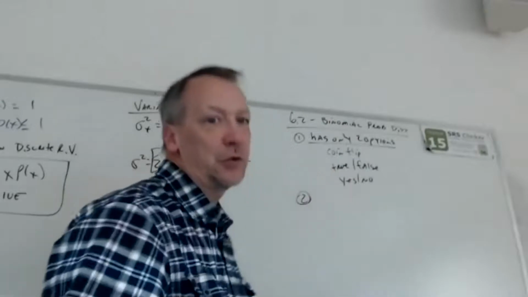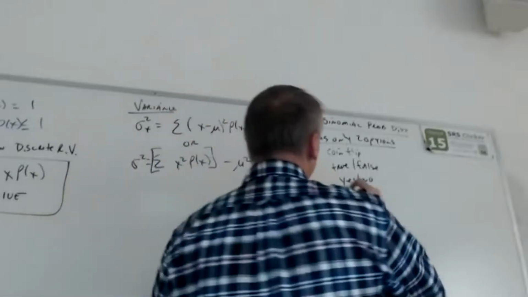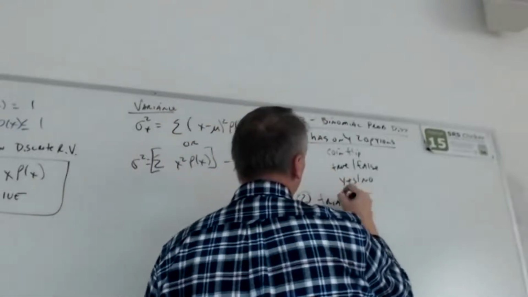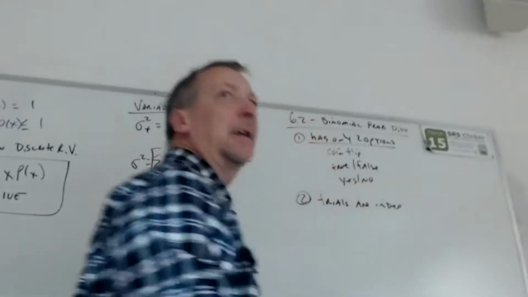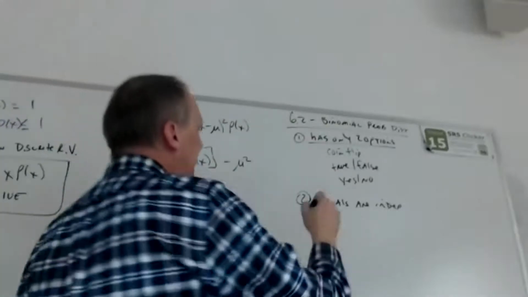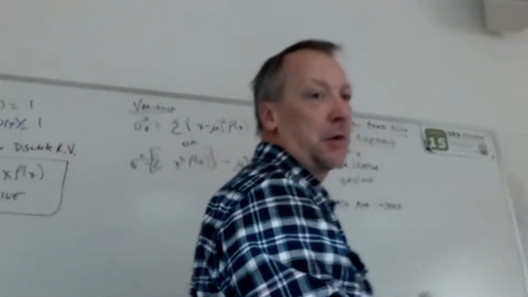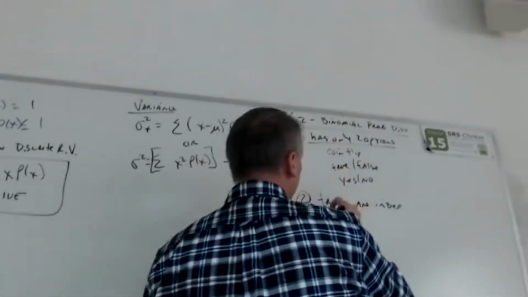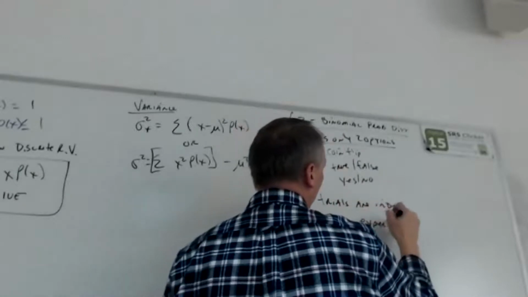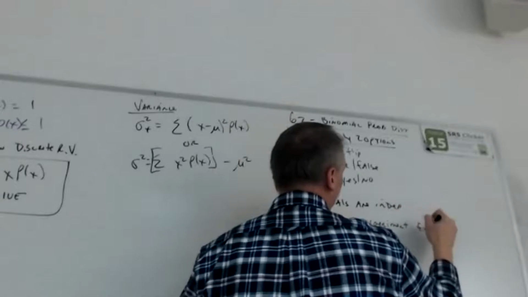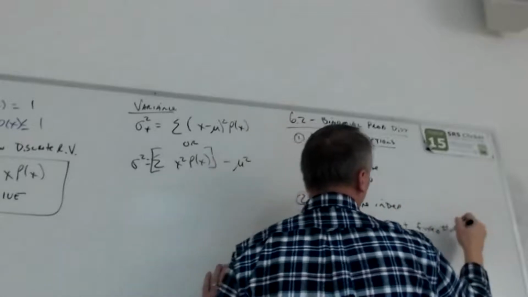Option number two, we are assuming that all trials are independent. Okay. Number three, we're assuming that we're going to repeat the experiment a fixed number of times.